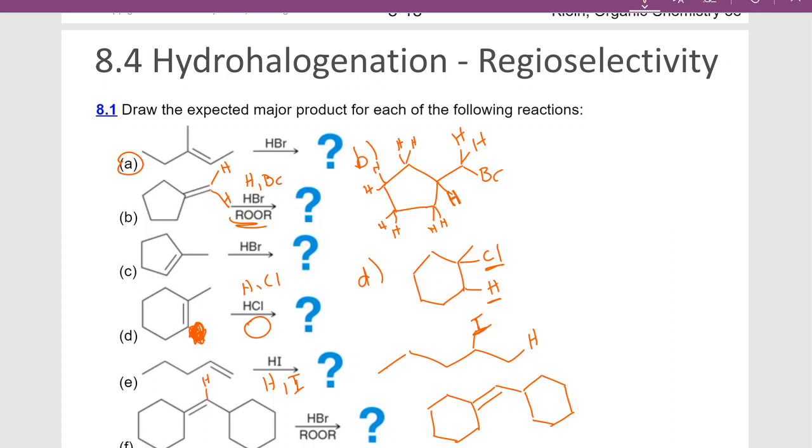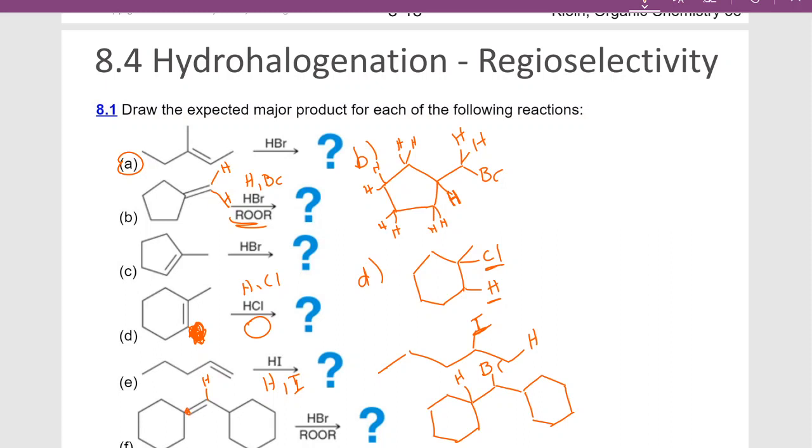This hydrogen that was here, that side is actually going to get the bromine when we do anti-Markovnikov addition, and the side that had no hydrogens is going to get the hydrogen that's added.